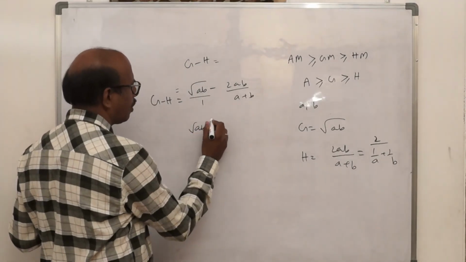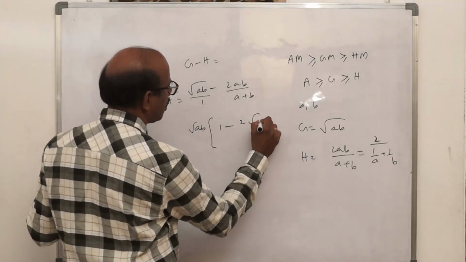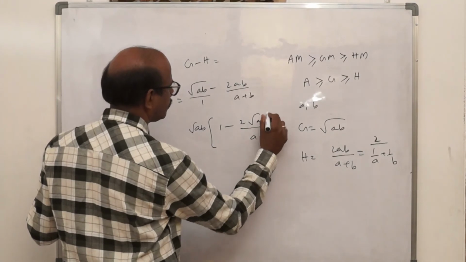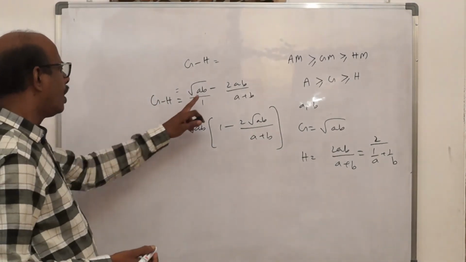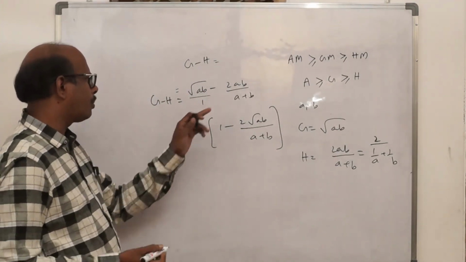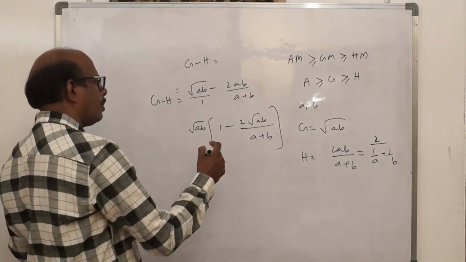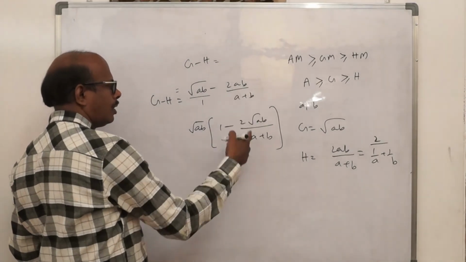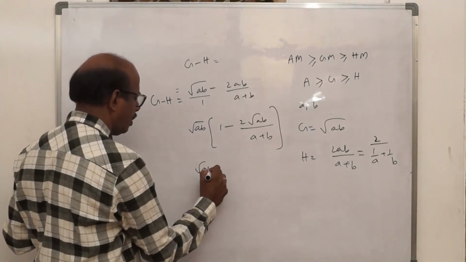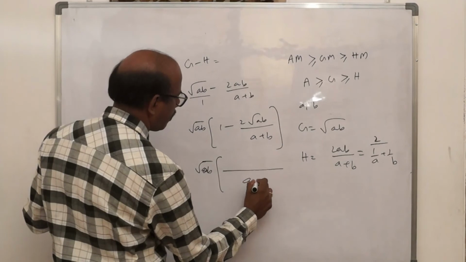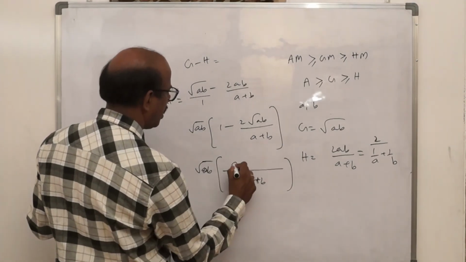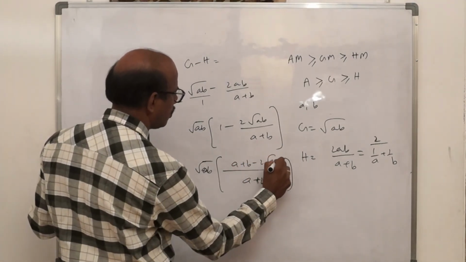Suppose I take root AB common, it will be like this now. If I take root AB common here, A and B are positive, no doubt root AB also positive. It will be root AB and A plus B is LCM and it will be A plus B minus 2 root AB.